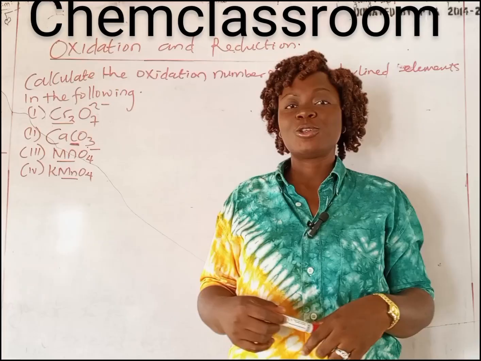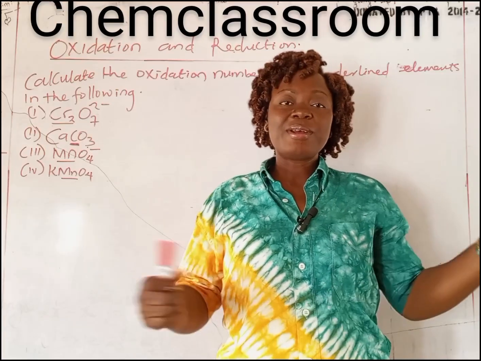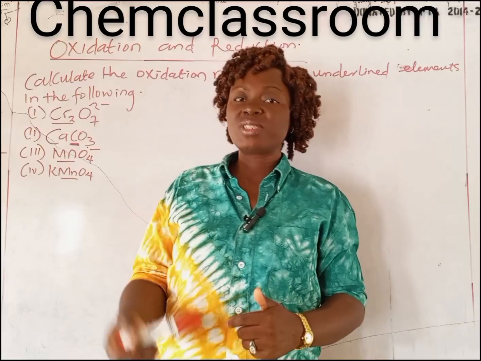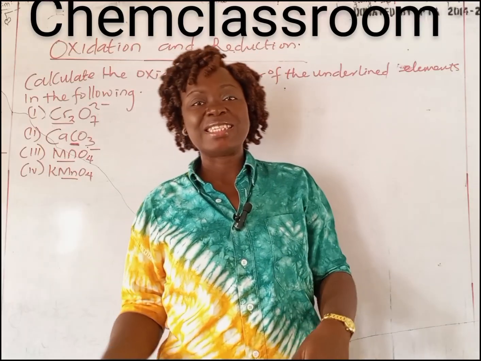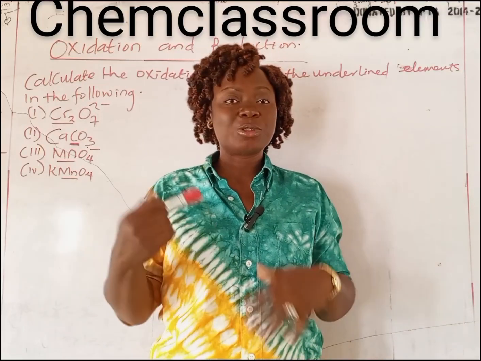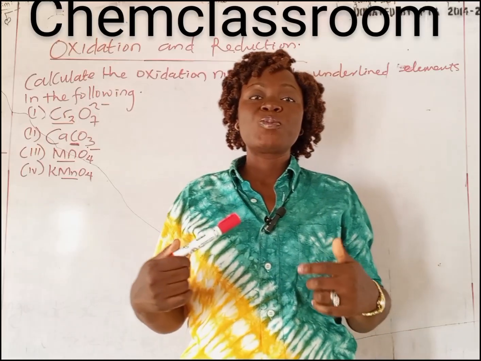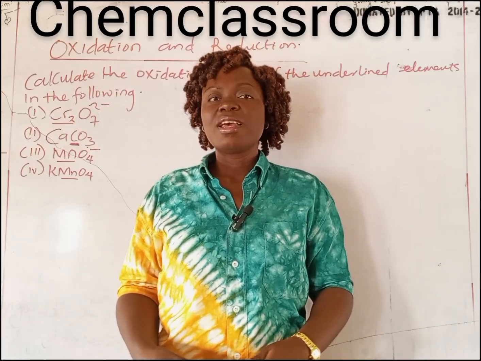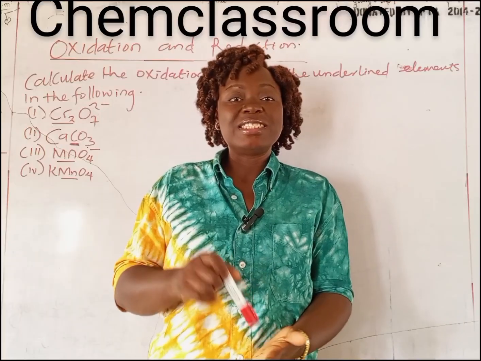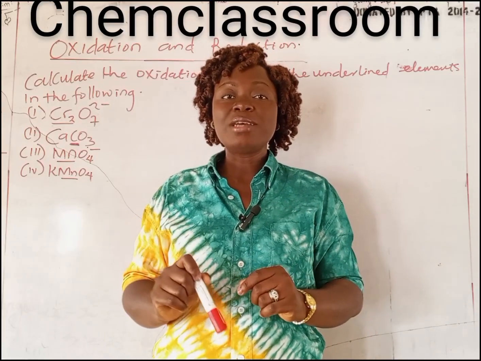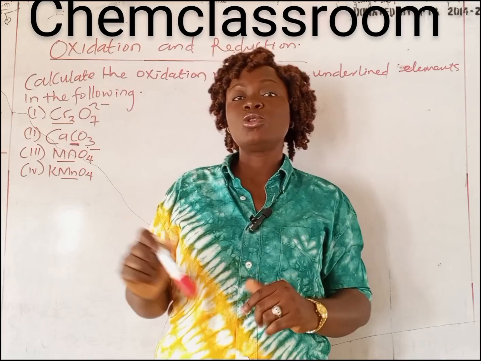The last one is that oxidation is a loss of electron, while reduction is a gain of electron. Another thing I want to touch on is reducing agents and oxidizing agents. Students tend to confuse these two. Your oxidizing agent is the one that is going through reduction, while your reducing agent is the one that is going through oxidation.